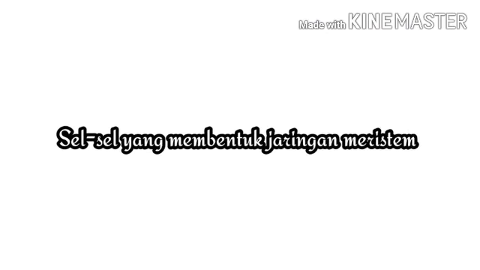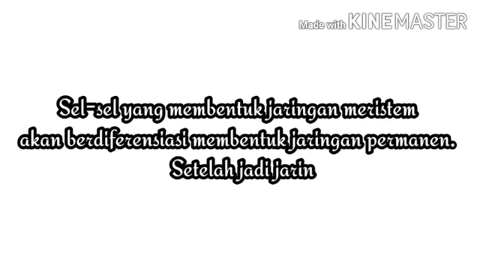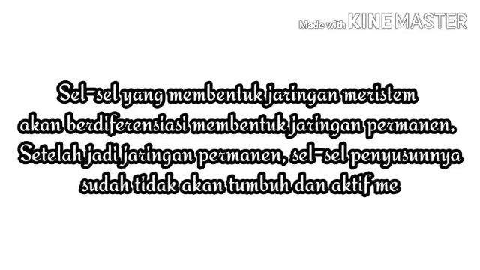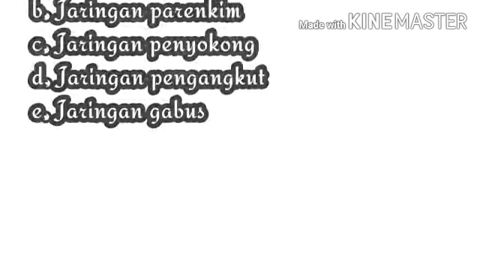Next, we are going to the second, permanent tissue. The cells that form the meristem tissue will differentiate to form permanent tissue. After becoming a permanent tissue, the constituent cells will no longer grow and be active to divide.